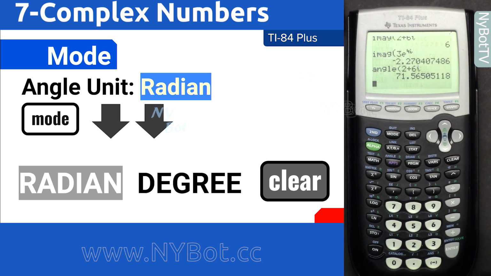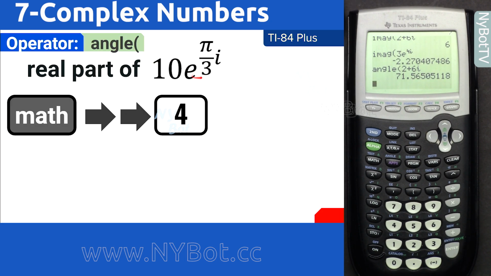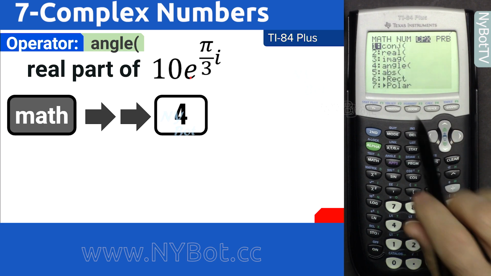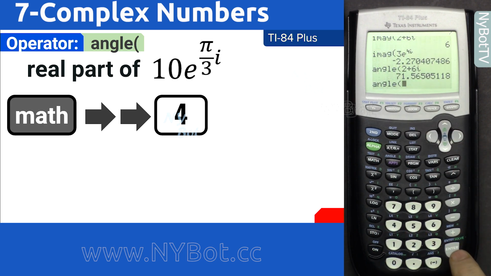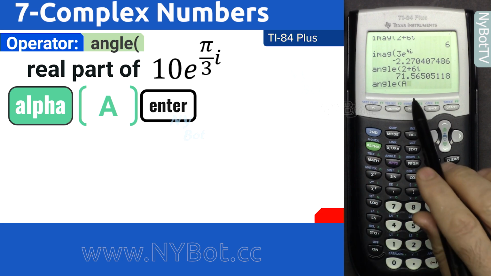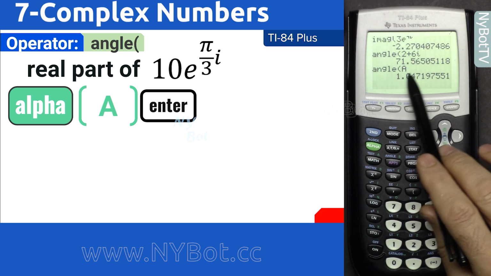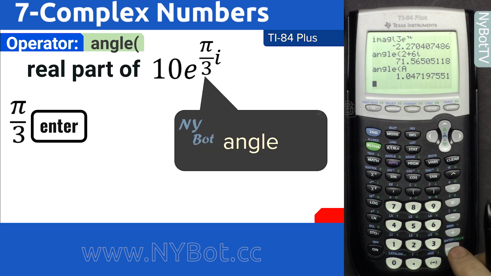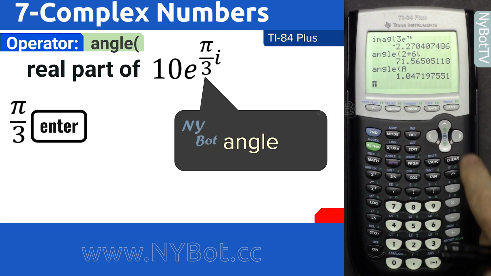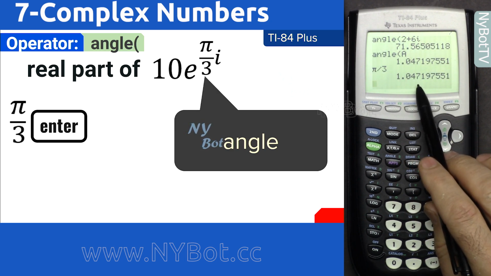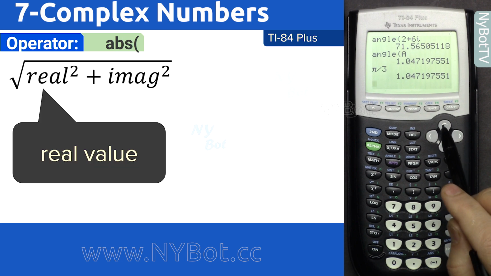Radian is selected, clear. Now let's get the angle of this value: math, complex, angle 4, alpha, and then A, I recall it, enter, and the angle is 1.42 radians. Because we remember second function pi divided by 3 is 1.047, which is the angle for that expression.